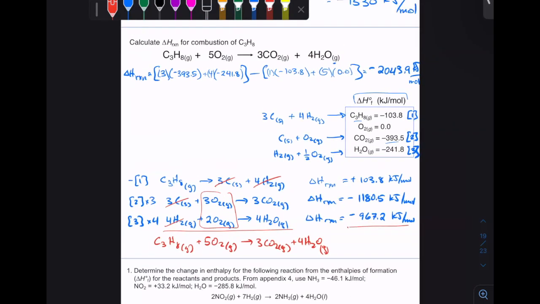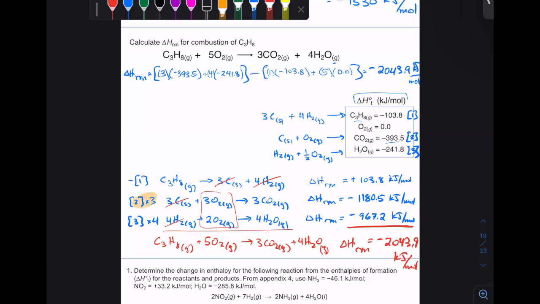So you add these up over here, and you better get what we had up above, and of course we will. It'll be negative 2043.9 kilojoules per mole. And again, you can see then where all of these numbers and the coefficients and what we did with the manipulations, because look, here we took reaction 2 and we multiplied it by 3.